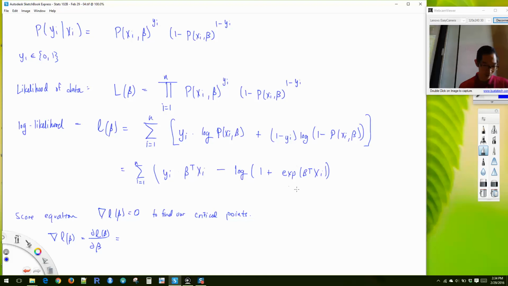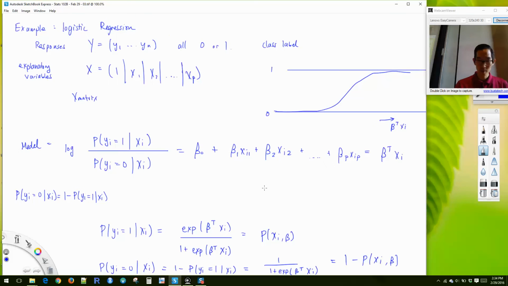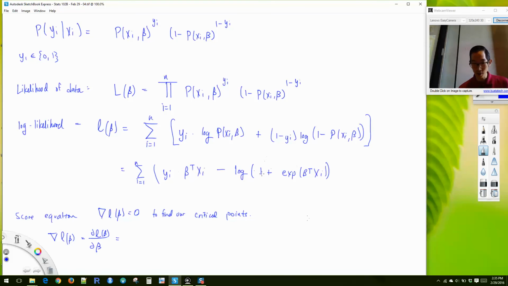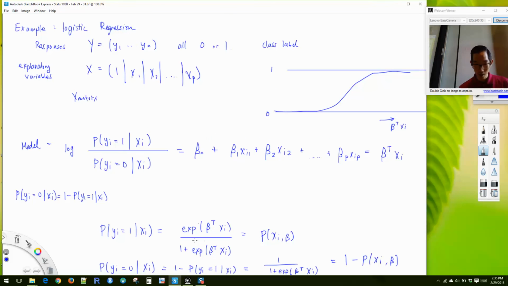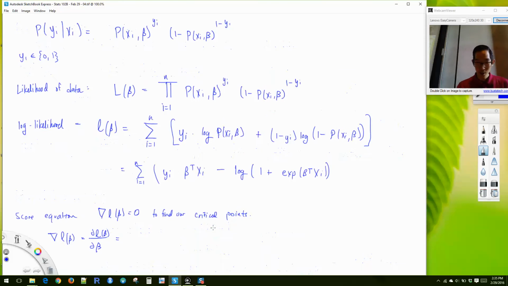So it ends up becoming this thing. The gradient, applying the chain rule, this goes in the numerator, and then applying the chain rule further, you multiply it by x sub i. So then we can factor out an x sub i.